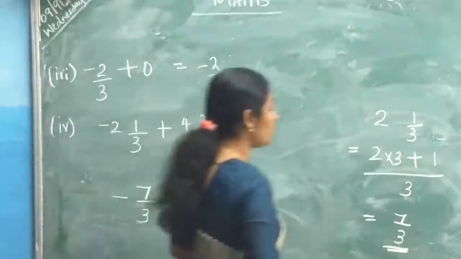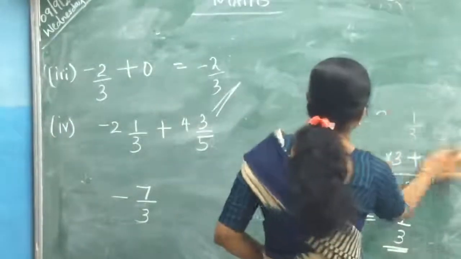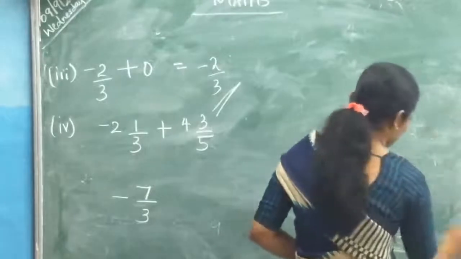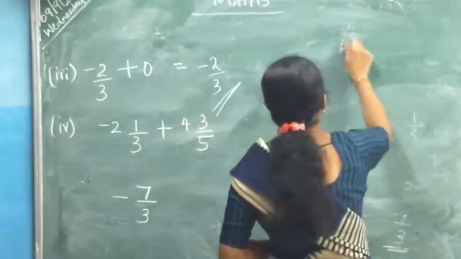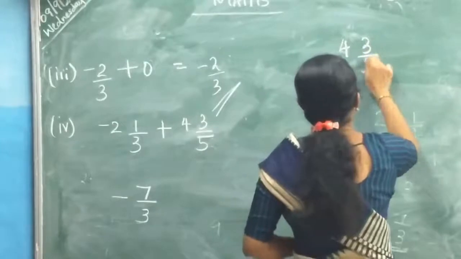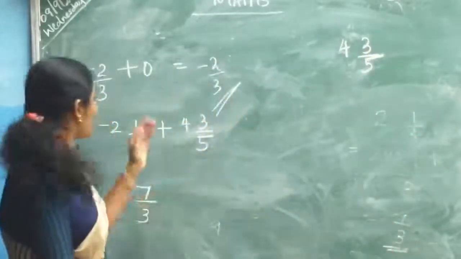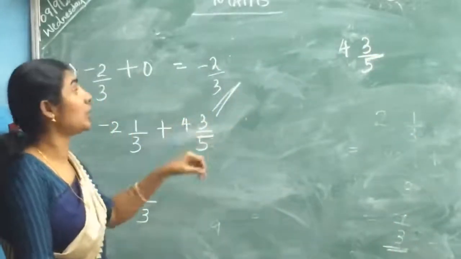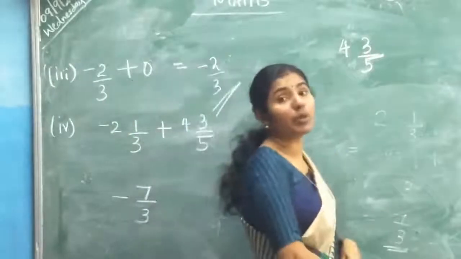See the next mixed fraction they have given, 4 3 by 5. How to make it improper?